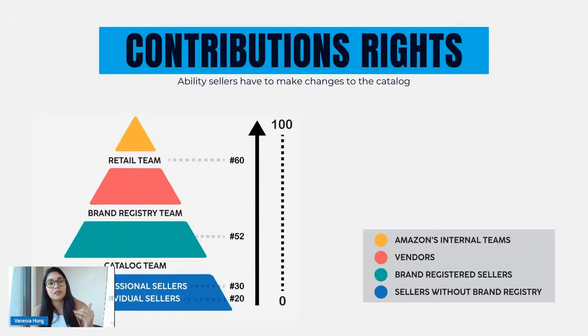The team that answers to those sellers, and the only one that can help to override things, is the brand registry team. But if the contribution is coming from a higher entity, which could be a vendor, as you can see in the pink-red link, brand registry cannot change information from a vendor, and a vendor cannot change information from the retail team. On top of the pyramid, we have the Amazon internal teams.